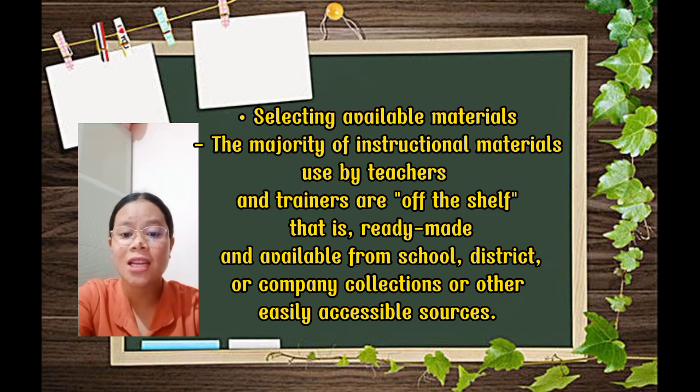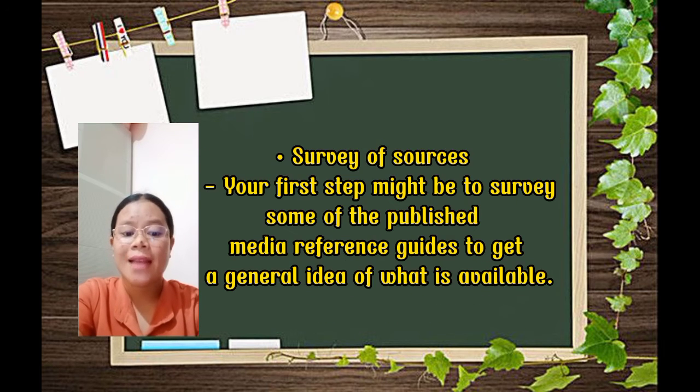Next is selecting available materials. The majority of instructional materials used by teachers and trainers are off the shelf. This is ready-made and available from school, district, or company collections or other easily accessible sources. Next is to survey sources.